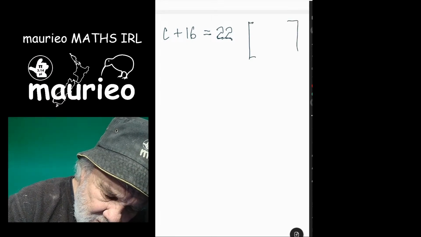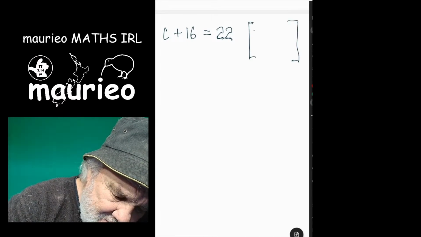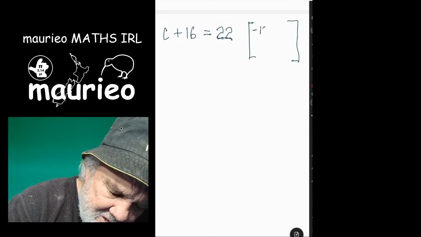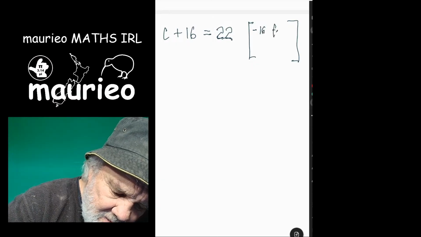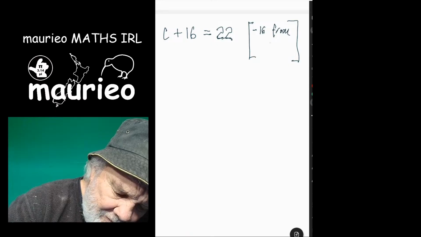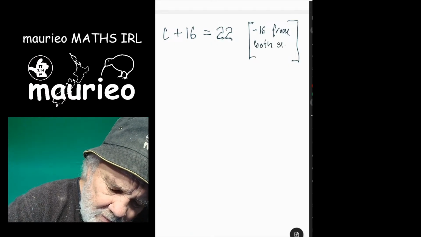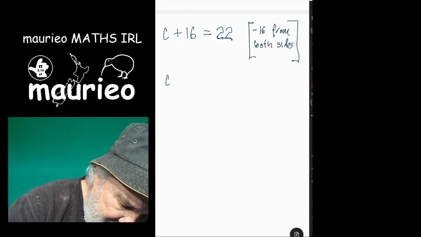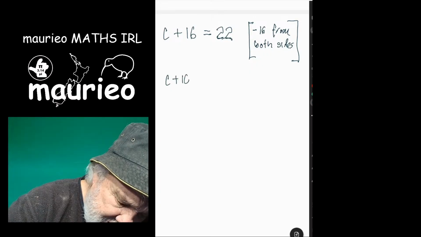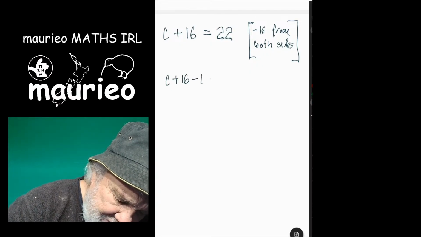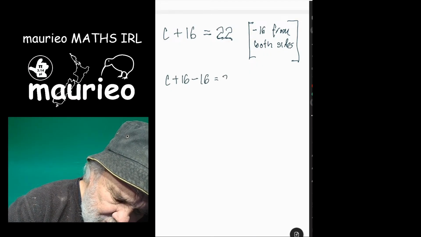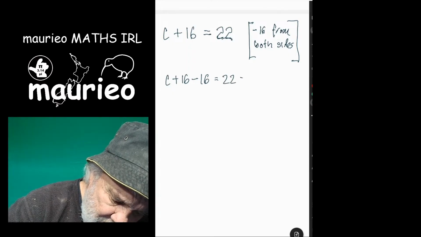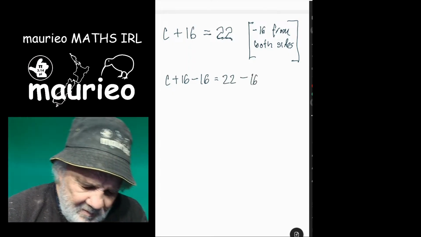Now, I'm going to say take away or minus 16 from both sides. So now we get C plus 16 minus 16 equals 22 minus 16.